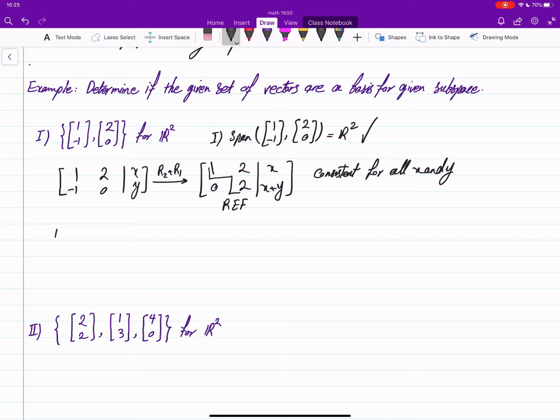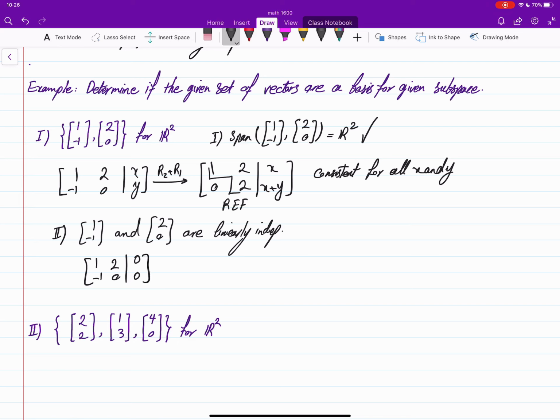The second thing we have to check is that they are linearly independent. So (1, -1) and (2, 0) are linearly independent. That one you can check by seeing if the homogeneous system has a unique solution or not.